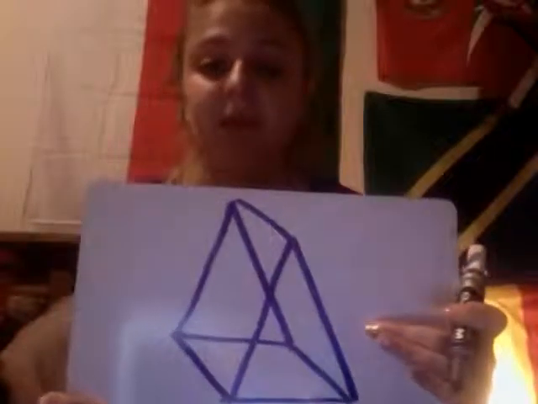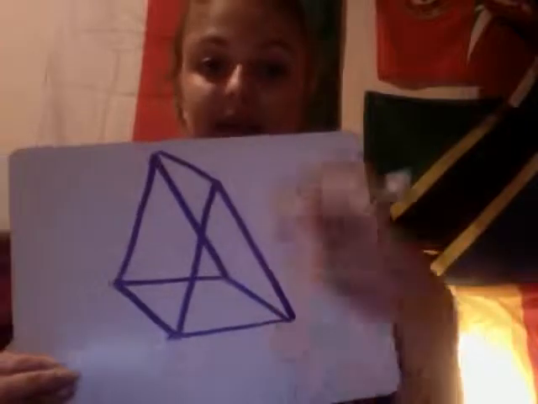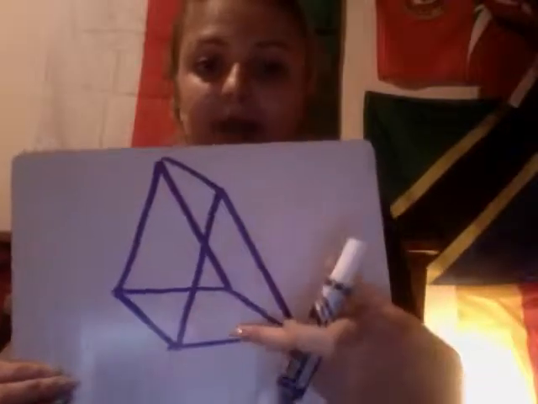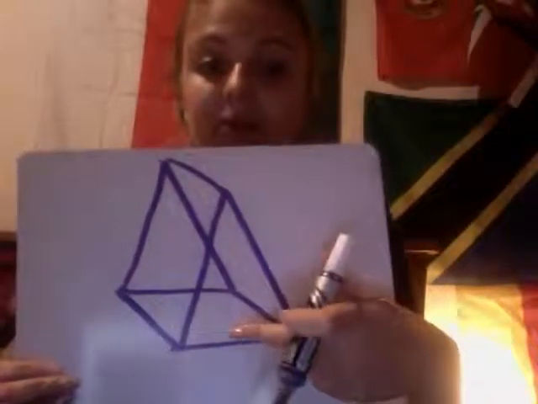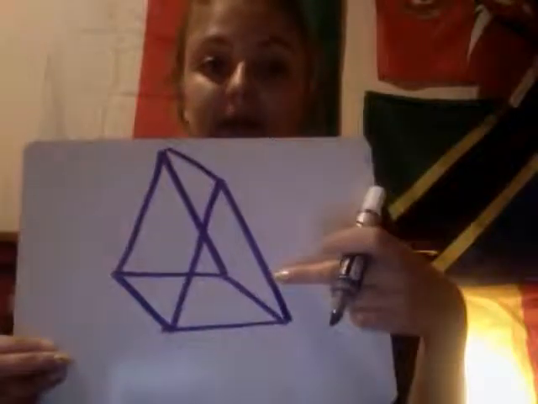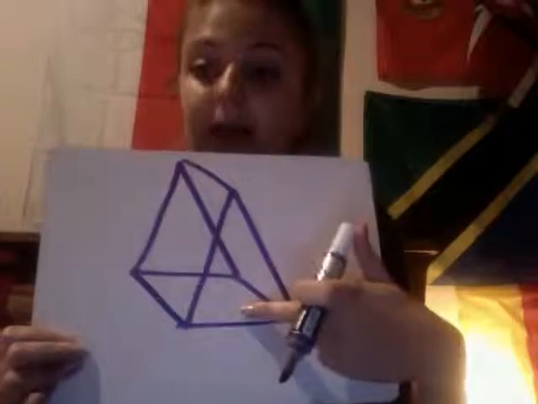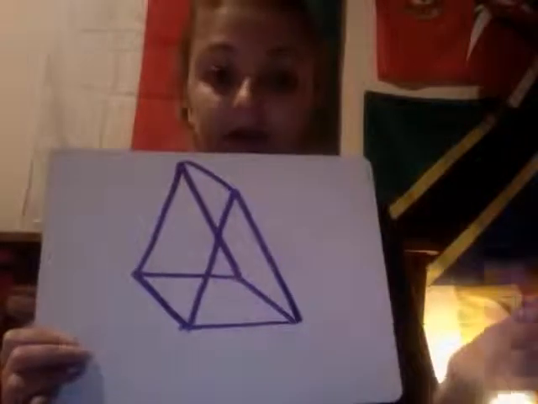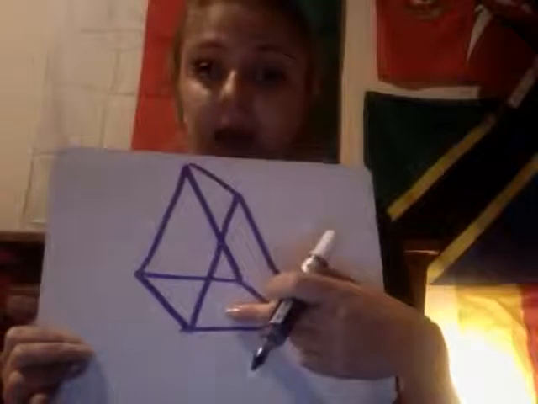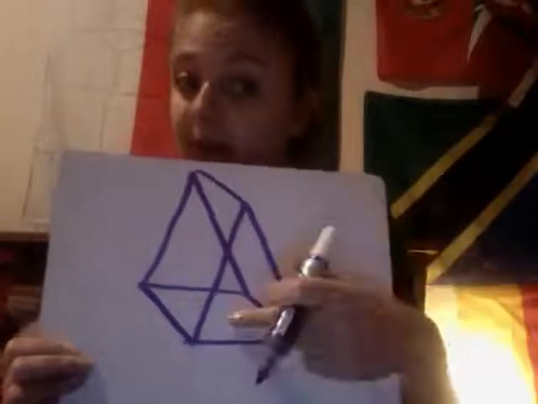And we know that because it has straight sides. Remember, it has a base on the bottom that is not a circle. Now, a pyramid doesn't always have to have a square bottom. It can have a hexagon bottom, it could have a triangular bottom, but it will never have a circle bottom. That is for the cone.